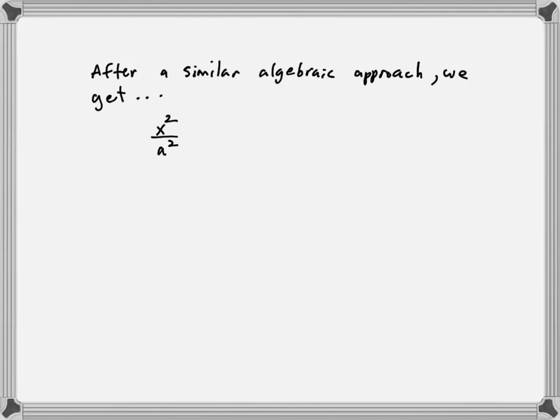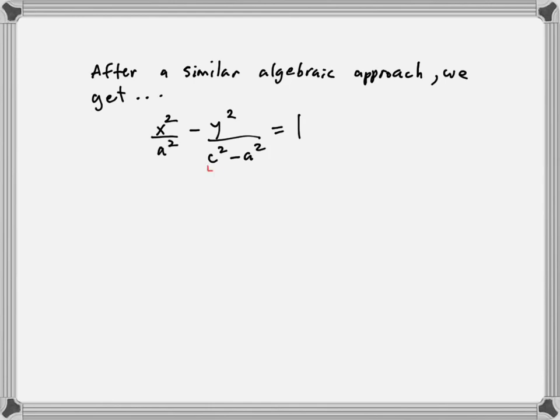So after a similar algebraic approach, we get the following: x squared over a squared minus y squared over c squared minus a squared is equal to 1. Again, we're going to give this guy a name.